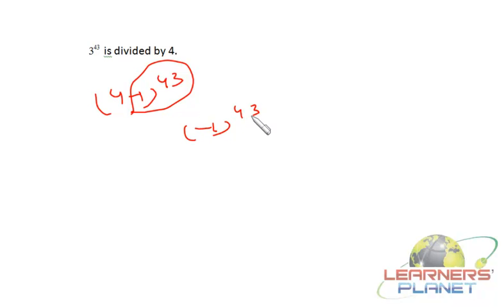Since there is an odd power to a negative number, we'll be getting minus 1. Now remainder cannot be negative, so the final remainder will be 4 minus 1, that is 3. So if 3 raised to 43 is divided by 4, we'll be getting the remainder as 3. It's very simple, friends, and we can do this type of problems in seconds.